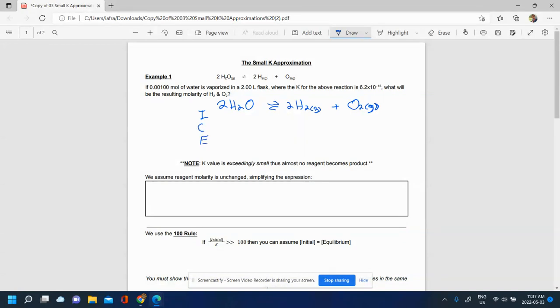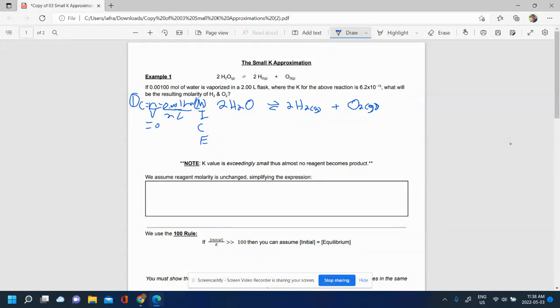You started off with, and this is in moles per liter, so your concentration is N over V, which is 0.001 moles over the 2 liters. I'm not putting all the zeros after, because I'm just dealing with sig figs at the end. So 0.001 divided by 2.